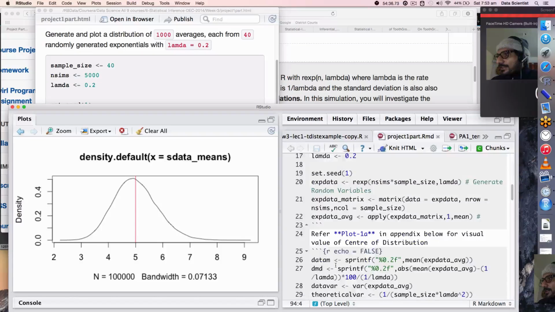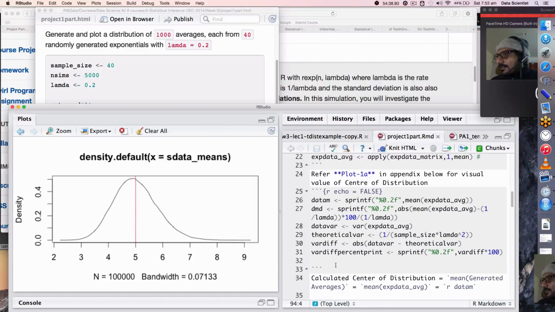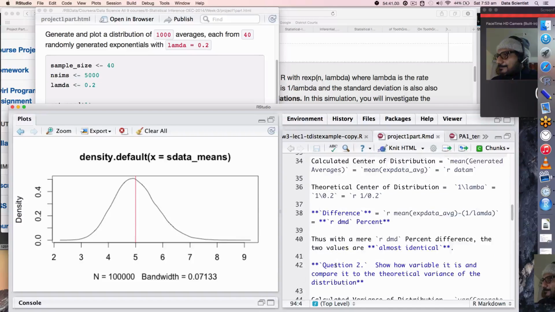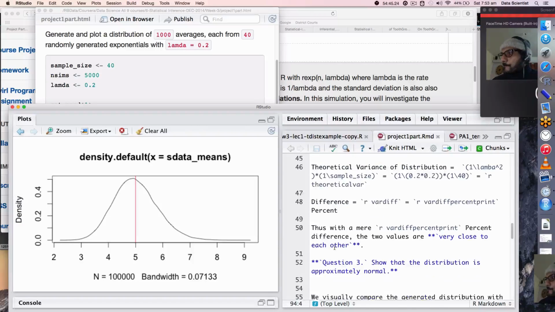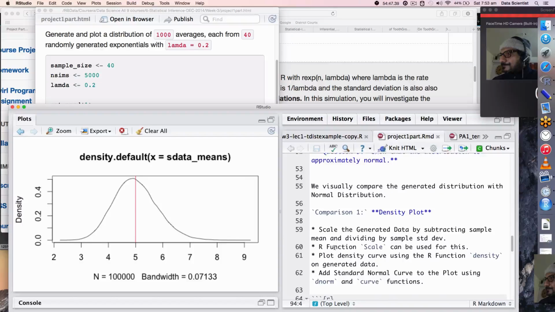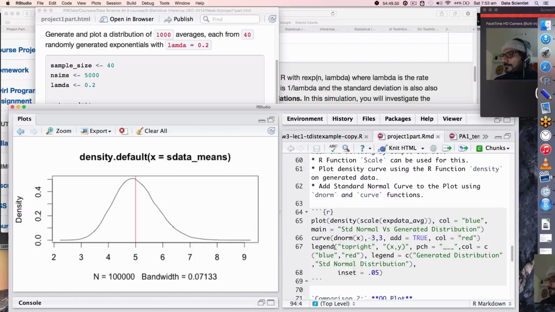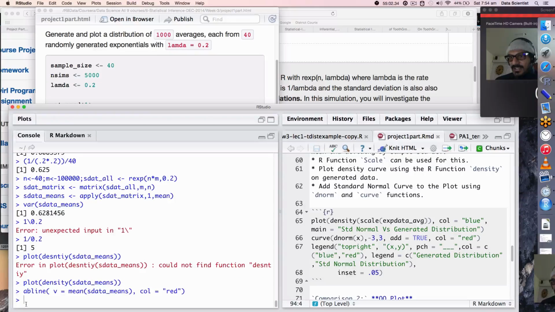Okay. Now looking at the other parts, this plot I've done. Now what I do is I also plot another curve. So I want to compare it with standard normal, right? So what I can do is this. If you notice, I use a function called curve.